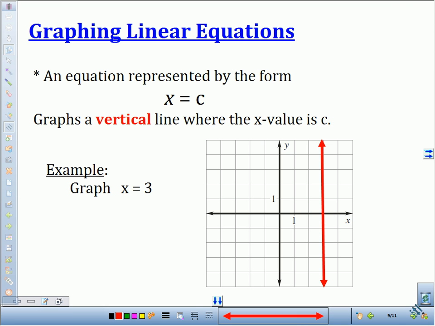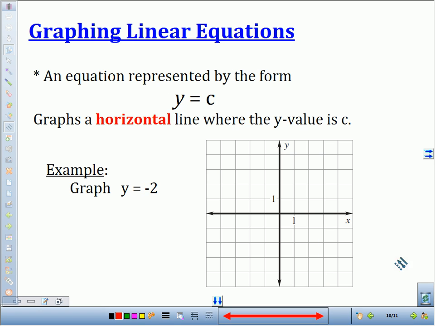The same sort of thing happens with an equation where y equals c. You'll notice that in this case we don't have an x term. If we don't have an x term, that means that the slope is 0. And we know from our notes on slope that if the slope is 0, we have a horizontal line.